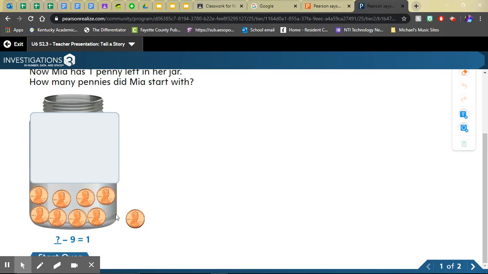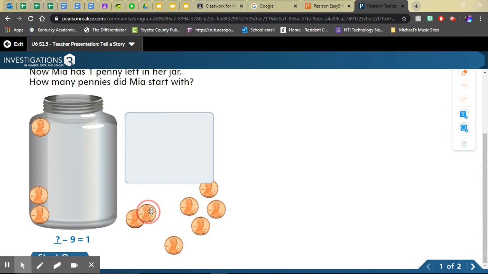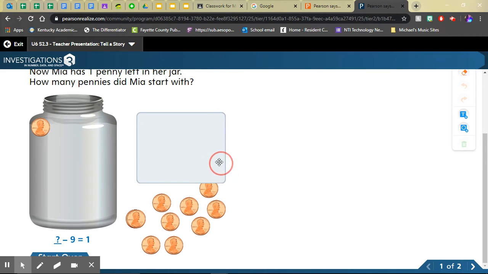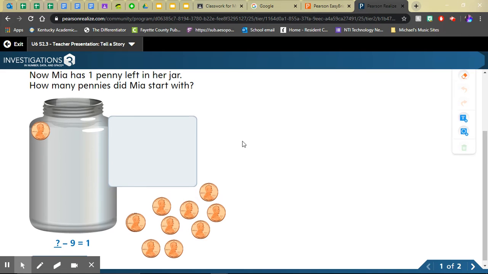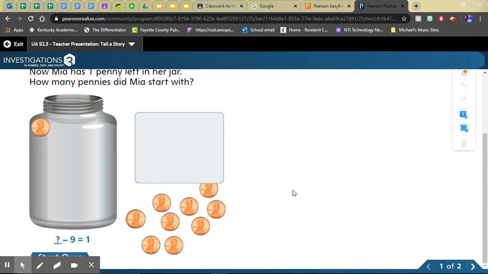So I'm going to take out 9 pennies to give to Max. 1, 2, 3, 4, 5, 6, 7, 8, 9. Okay. Now Mia has 1 penny left in her penny jar. How many pennies did Mia start with?